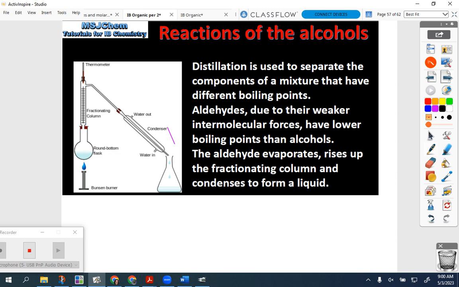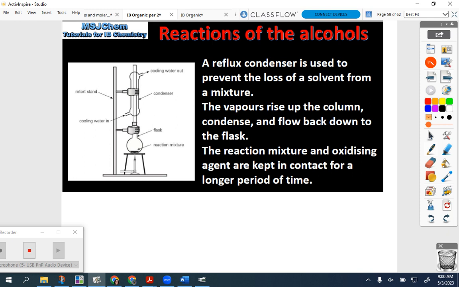If we want to make the carboxylic acid, we have to find a way of leaving the aldehyde in the vessel. We can't have it coming out. So we can't have an open system where the aldehyde comes out or where we're collecting the aldehyde. So instead what we do is we set up what's called a reflux condenser, which is where we put the condenser directly on top of the reaction flask. And what this does is any vapors that are coming out of the flask are going to condense right above it and drip back in.